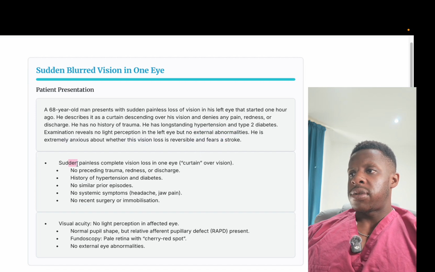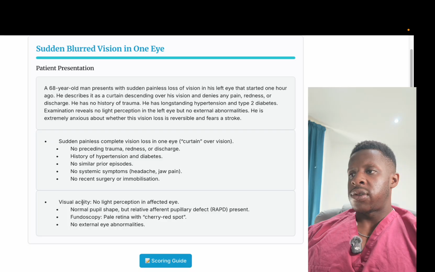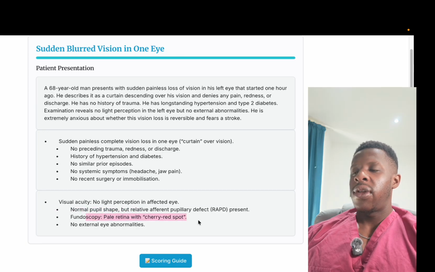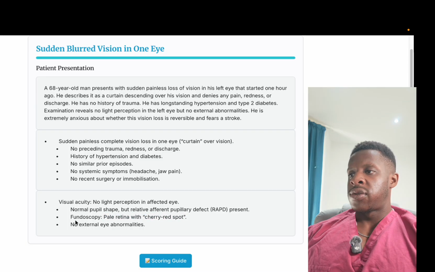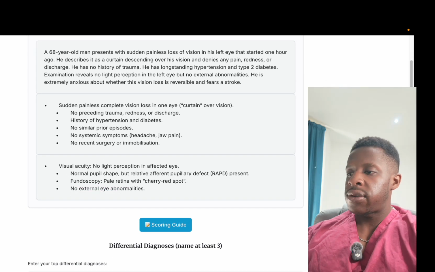So yes, sudden painless complete vision loss in one eye, curtain over, no trauma, history of hypertension. The visual acuity shows no light perception in the affected eye. Afferent pupillary defect present. Fundoscopy shows a pale retina with a cherry red spot. For those of you that see this sign on PassMed, you know this is a characteristic diagnosis, no external eye abnormalities. So let's go and see what we have.